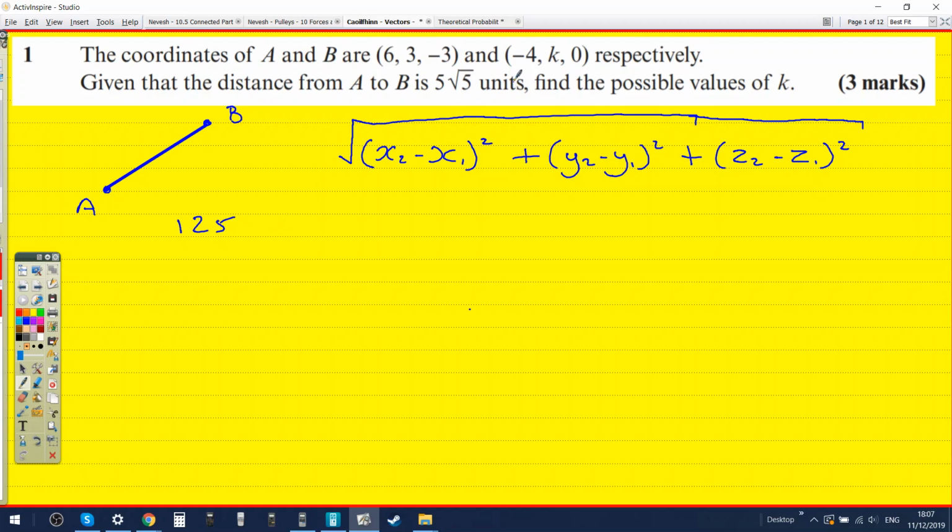This one was 100, was it? Yeah. Then the 109, and that's equal to k minus 3 squared.